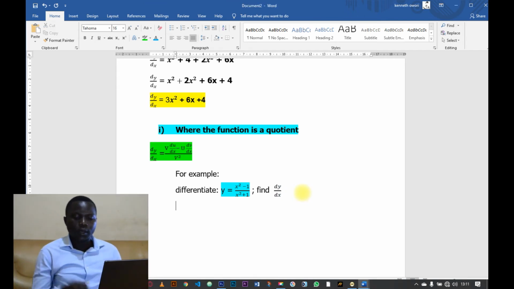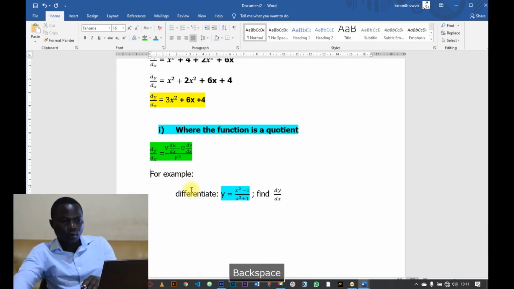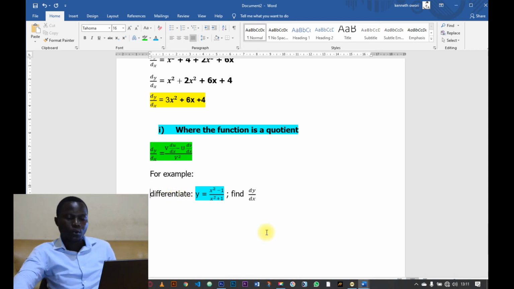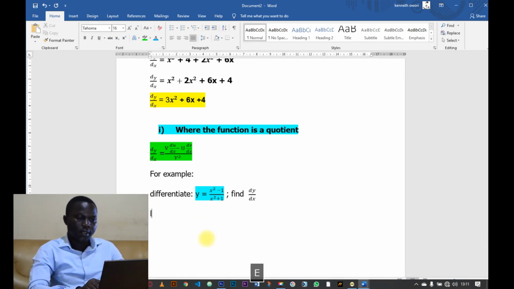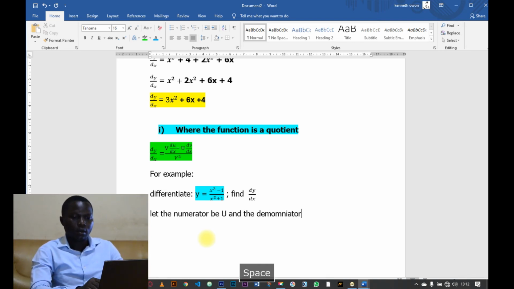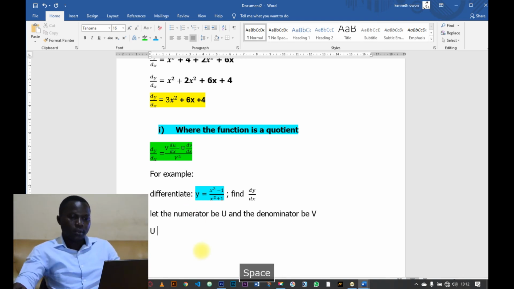So for us to find dy/dx, we let, as before, one expression be u and the other be v. For example, let the numerator be our u and the denominator be v, as follows.